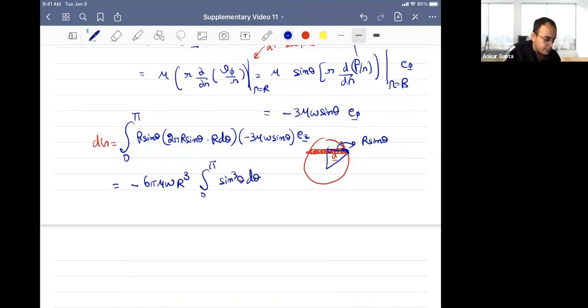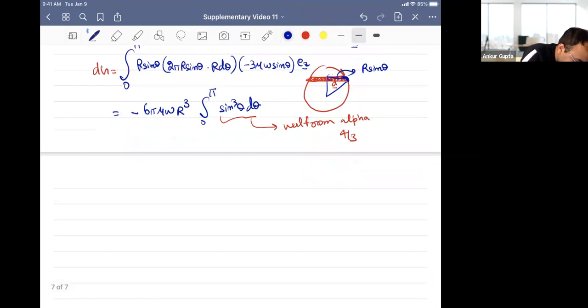You can check this through Wolfram Alpha if you like analytical math. The integral comes out to be 4 by 3, so the final result is 8 pi mu omega r cubed. This is the torque G.